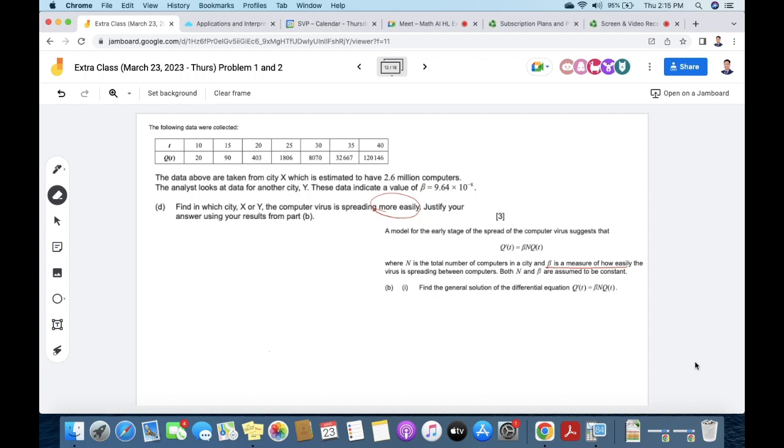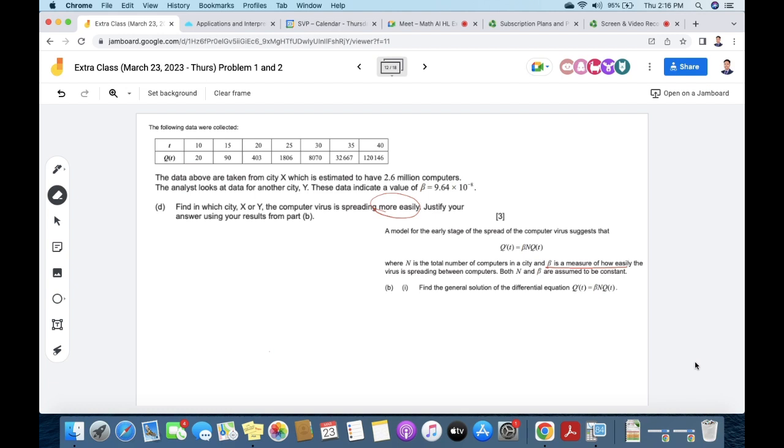And sometimes there might be other mediums at which the virus can spread out, not just by means of air, for example. So the word easily does not only talk about time, it also talks about how the virus can spread out.